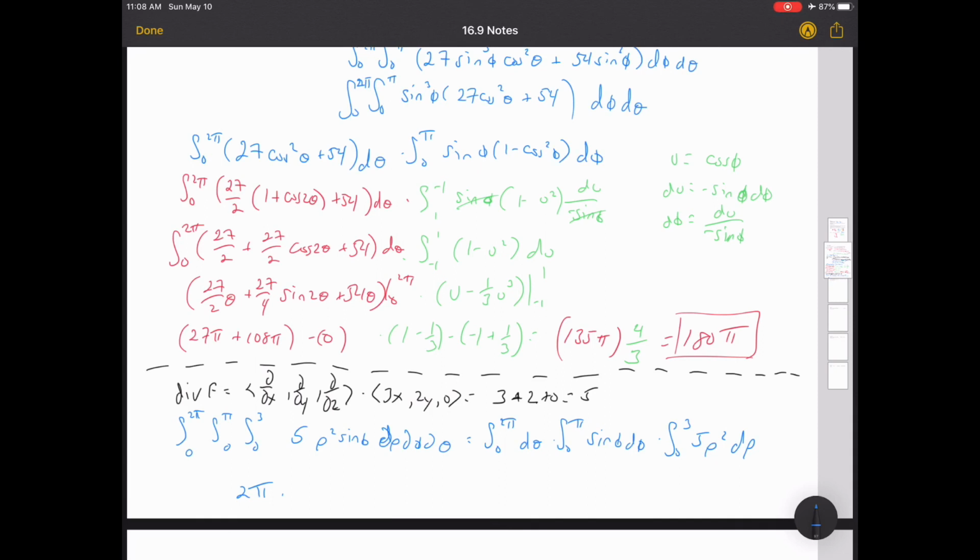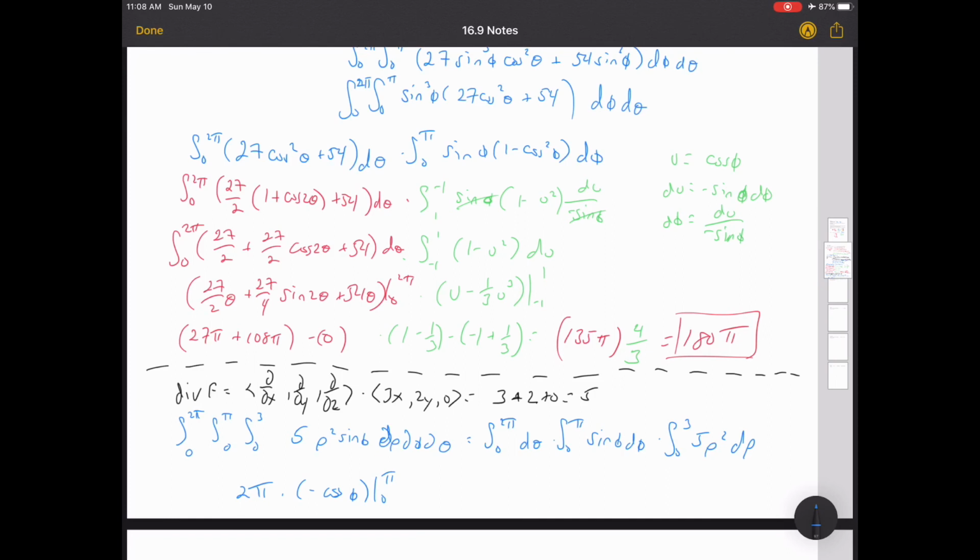Integral of sine of phi is going to be, what's that, negative cosine? Is that right, negative cosine? Yeah, negative cosine. Just drawing a blank there for a second for some reason, from 0 to pi.